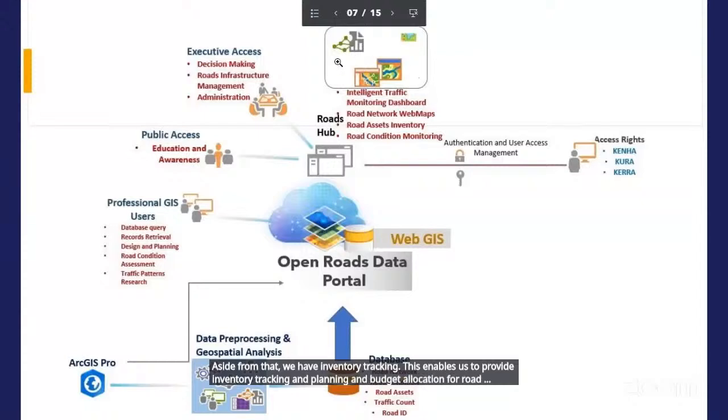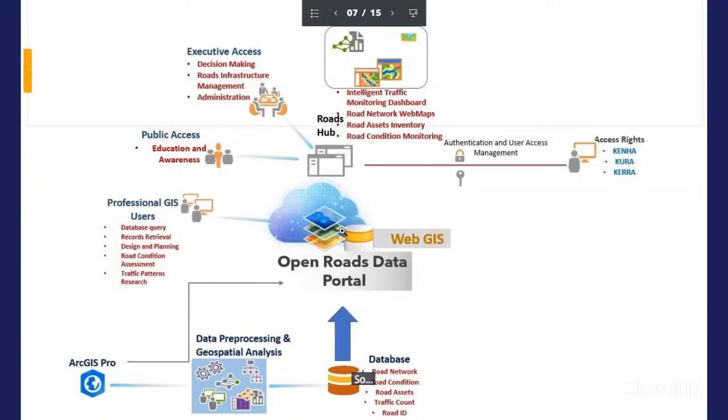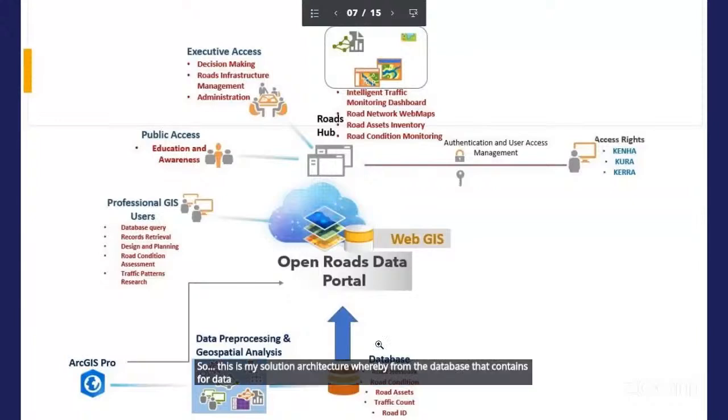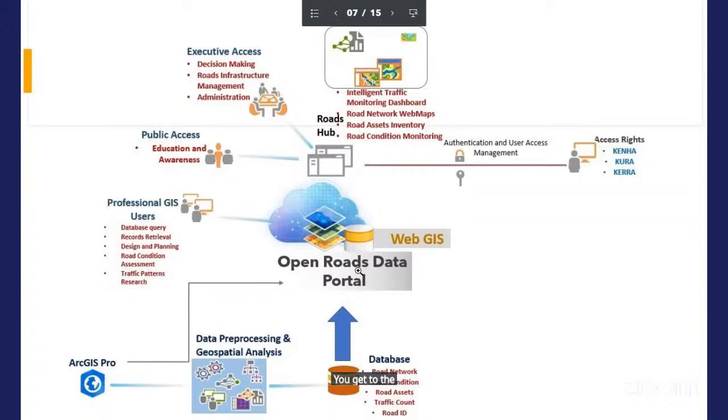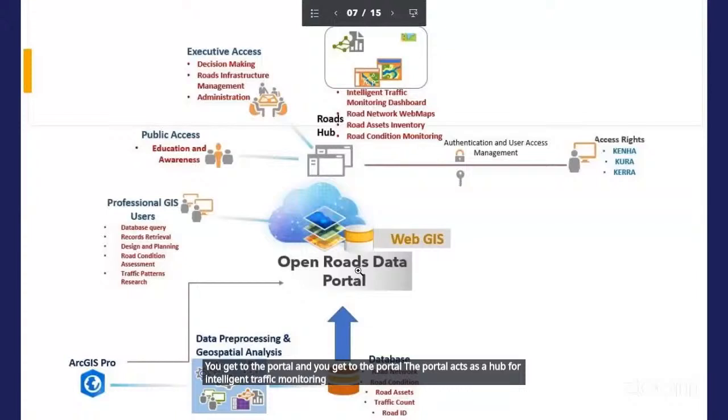So this is my solution architecture, whereby from the database that contains these four data sets, you get to the portal, and the portal acts as a hub for intelligent traffic monitoring, road network, road assets inventory, road condition, and road condition monitoring.